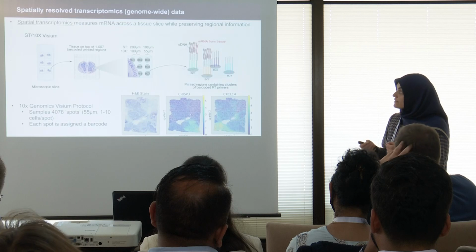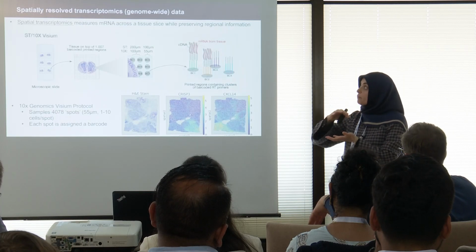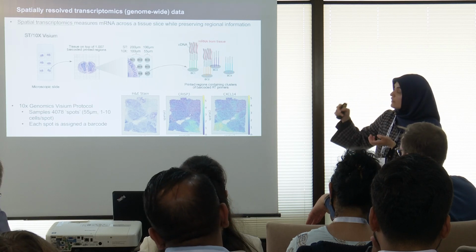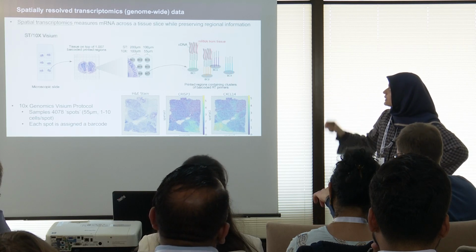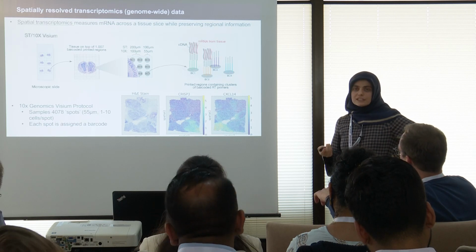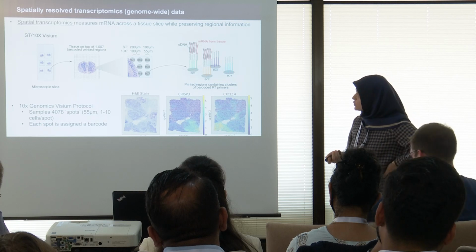But now we have spatial transcriptomic technologies, where we can measure mRNA expression levels across a tissue slide while preserving the global spatial information. For example, one of these technologies is spot-based, now commercially available from 10x Genomics.